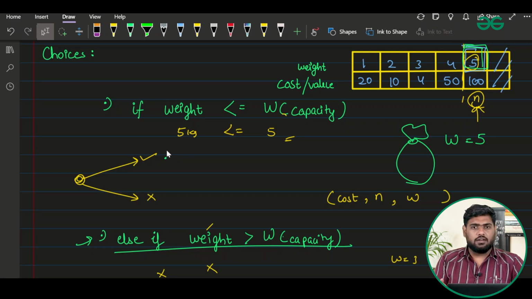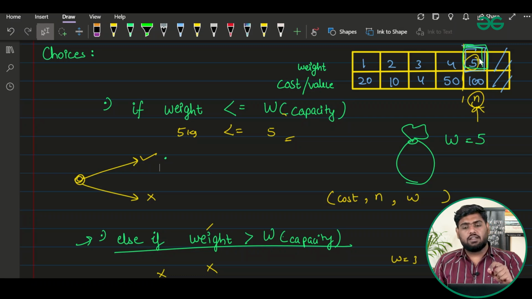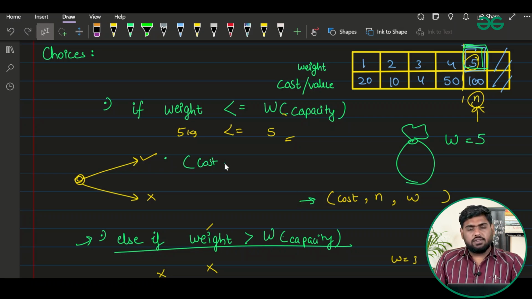I can choose that if the condition requires it. So if I have even the slightest chance that this would be included in my answer in more calls as well, in the parameters, the cost array will go as it is. It is simple data, and I will not reduce it.